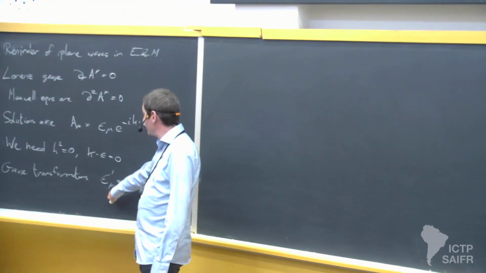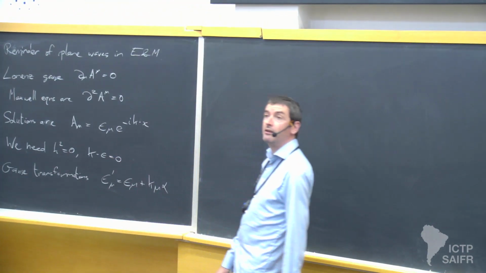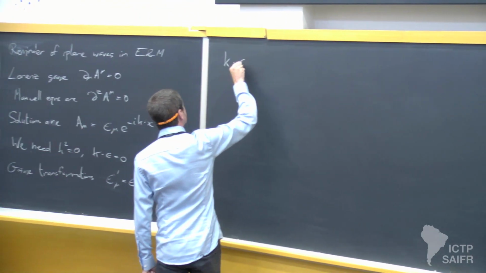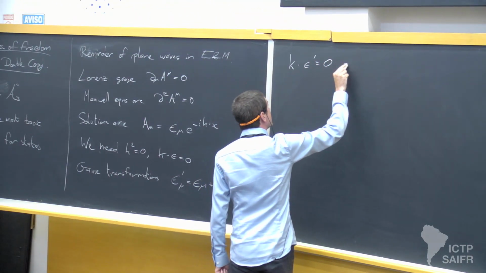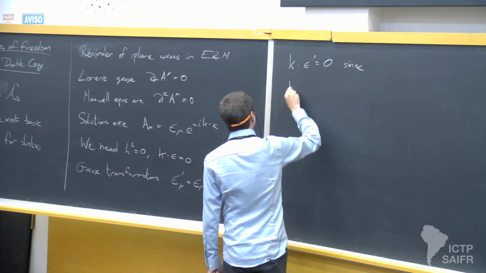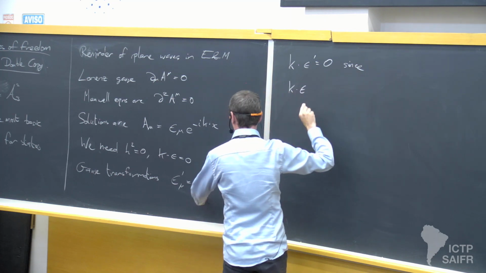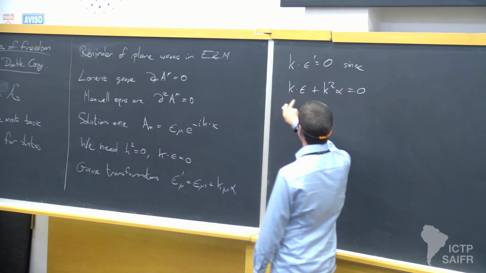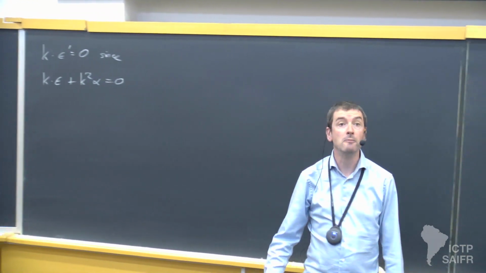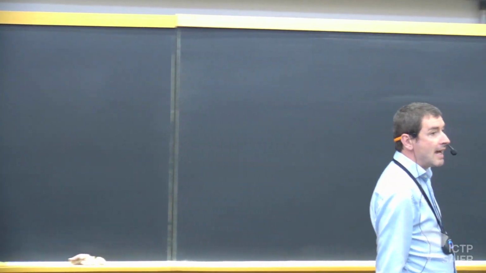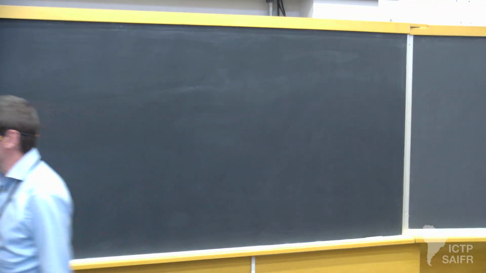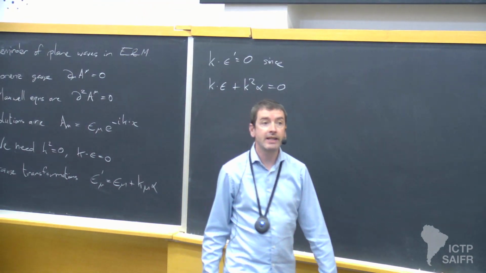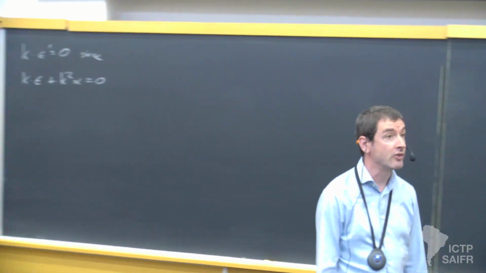Now, this epsilon prime automatically satisfies the Lorentz gauge condition, since k dot epsilon plus k squared alpha equals 0, each of these two terms separately 0. So we still have freedom to make a gauge transformation. I still have this parameter alpha running around, and I can use it.